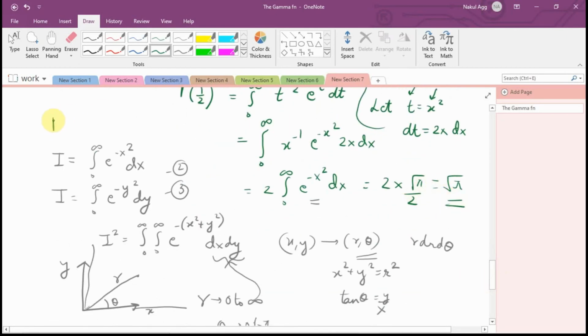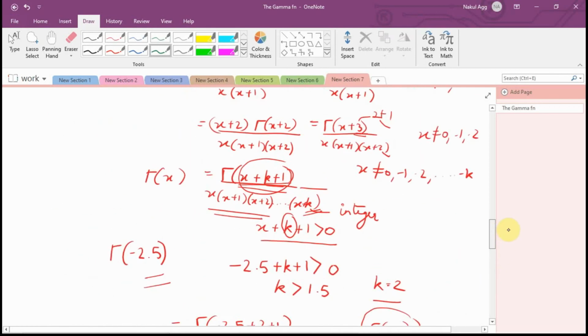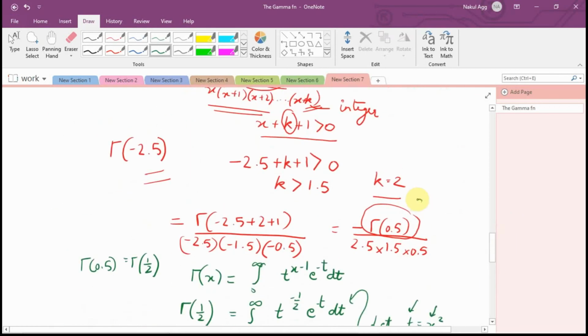So we have gamma of 0.5, or gamma of half, is equal to square root pi, or is equal to 1.772. Now you can substitute the value of gamma 0.5 back into this relation to find out the answer for gamma of minus 2.5.